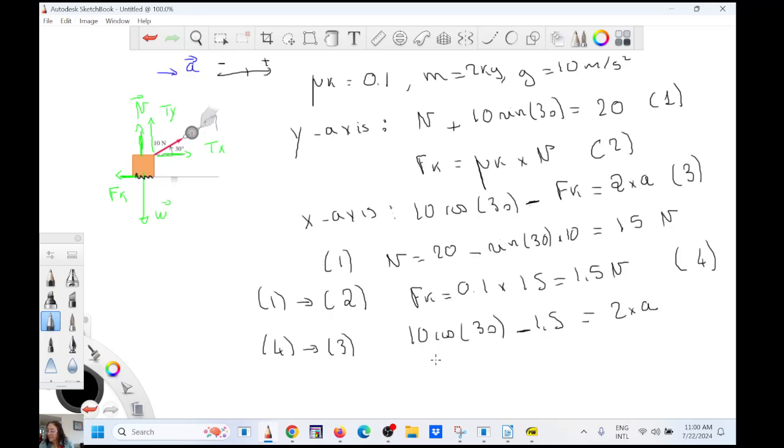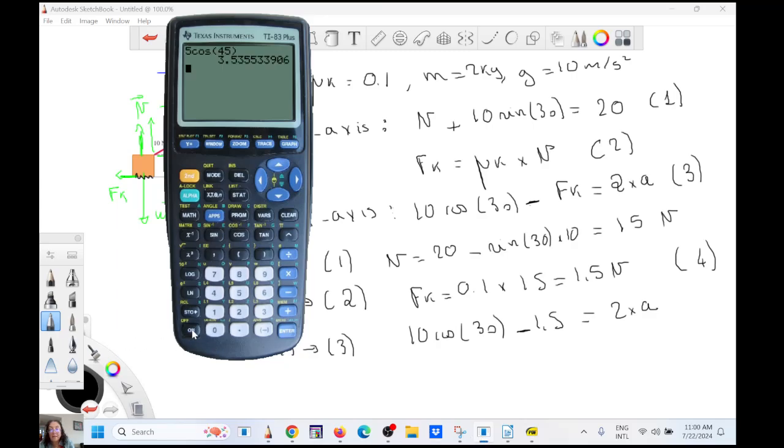So it's going to be 10 times cosine 30, minus 1.5, and you divide by 2.